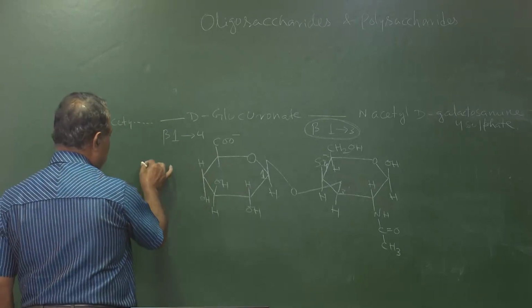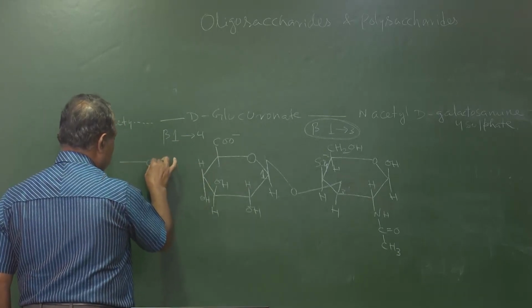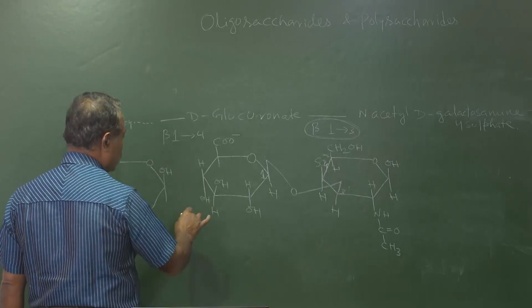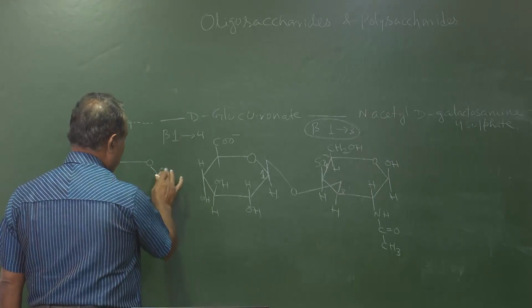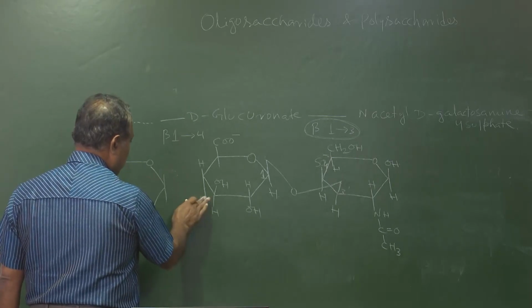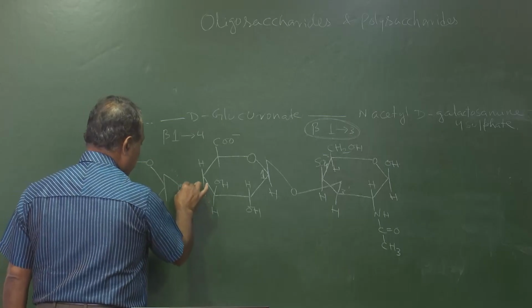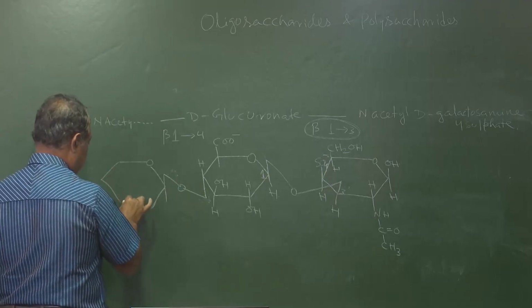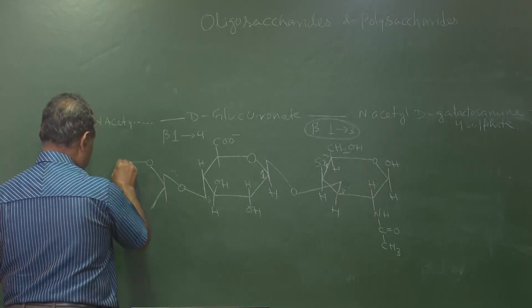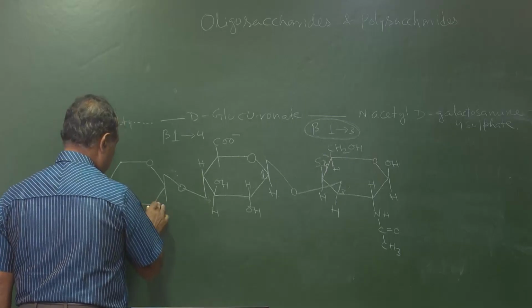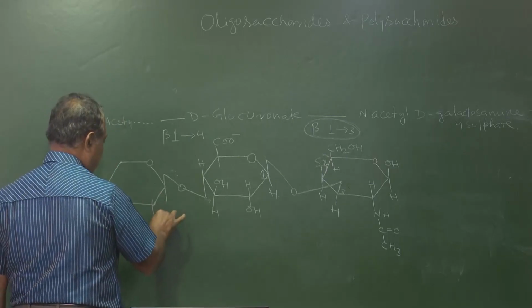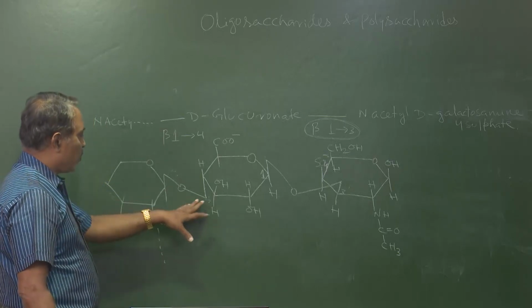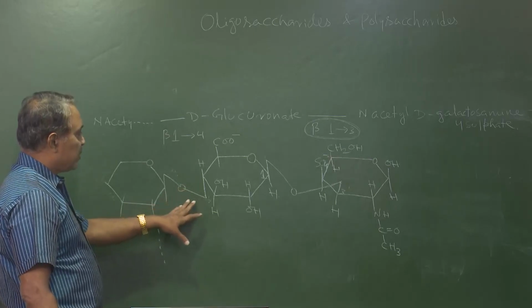So the same structure we will have, 1, it is OH. So we will have this. So this is our beta 1,4 linkage.